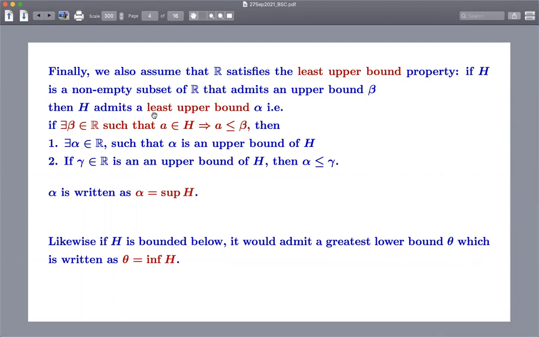So now, hopefully, you already know the difference between supremum and maximum. Maximum requires the term to be in that set, only then it is called a maximum. Otherwise, in general, it is the supremum.